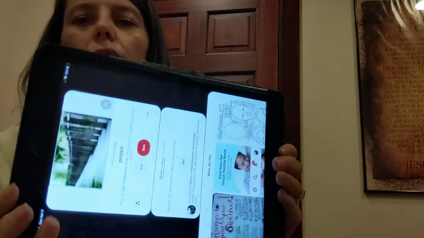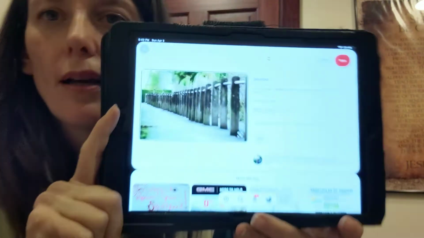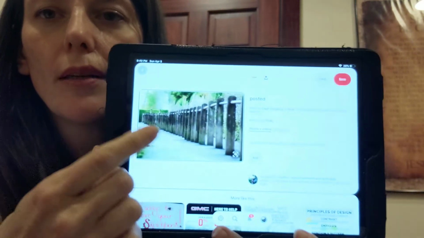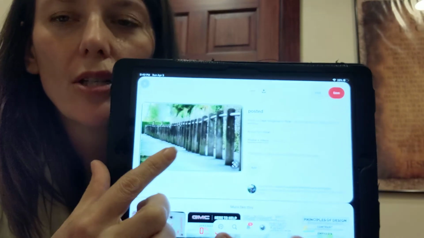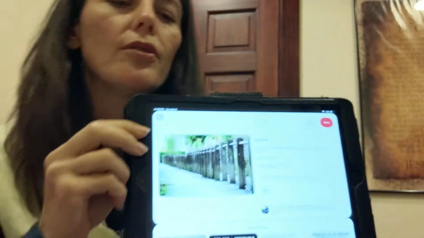So here I have this picture of a railing. We have this repeated element of railing posts, and as they gradually get further away, they also gradually get closer together. This is kind of like a progression. Things are stepping closer and closer together.